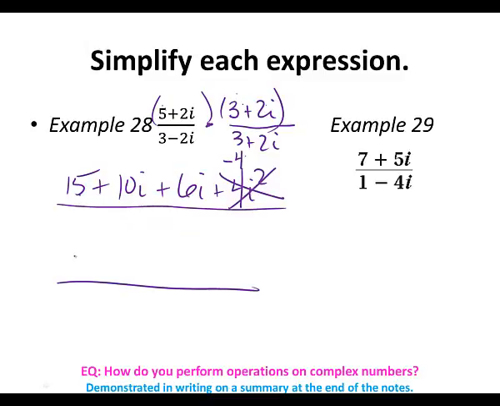What's 15 minus 4? 11. 10i plus 6i. 16i. Good. All right, on the bottom, I have conjugates, right? Shortcut on conjugates is I only multiply the first and the last. So what's 3 times 3? 9.